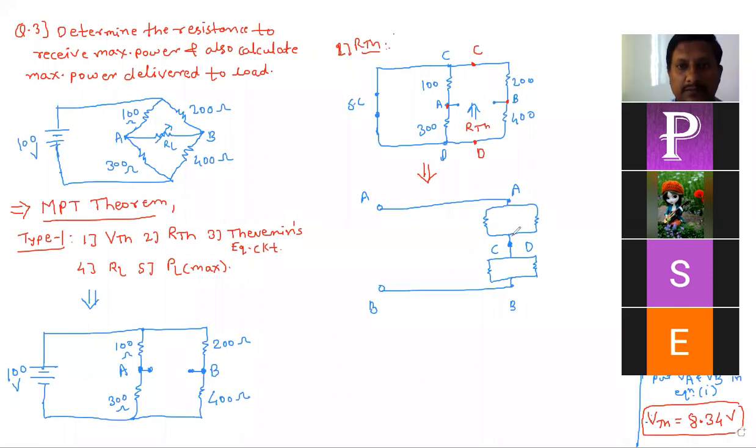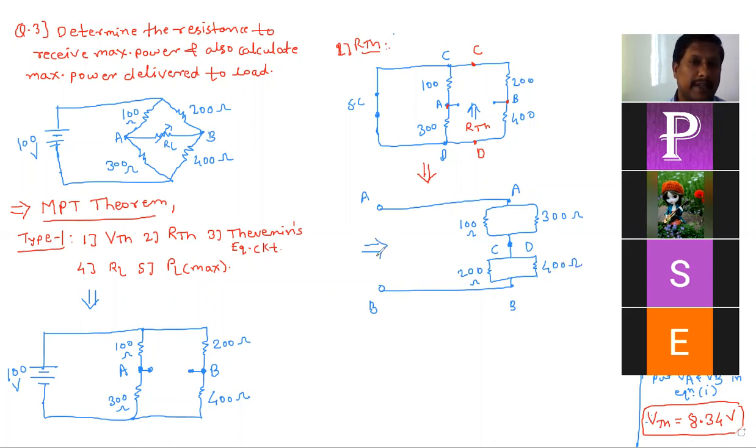Everywhere C and D are present. So between A and C which resistor is there? 100 ohm, you can mark. Between A and D, which one is there? 300. Between B and C, how much is there? 200. You have to do this properly. If there is a small mistake here, the answer goes wrong. B and D, 400.